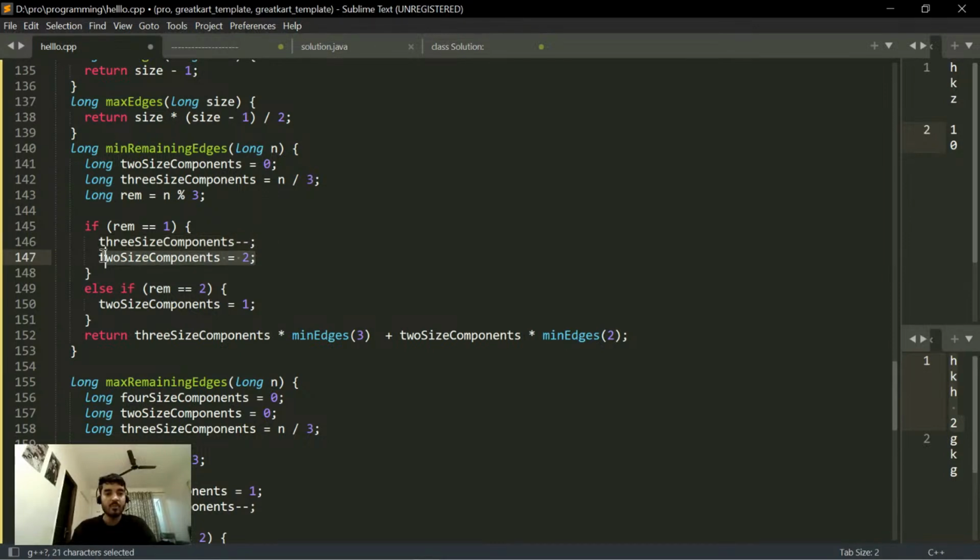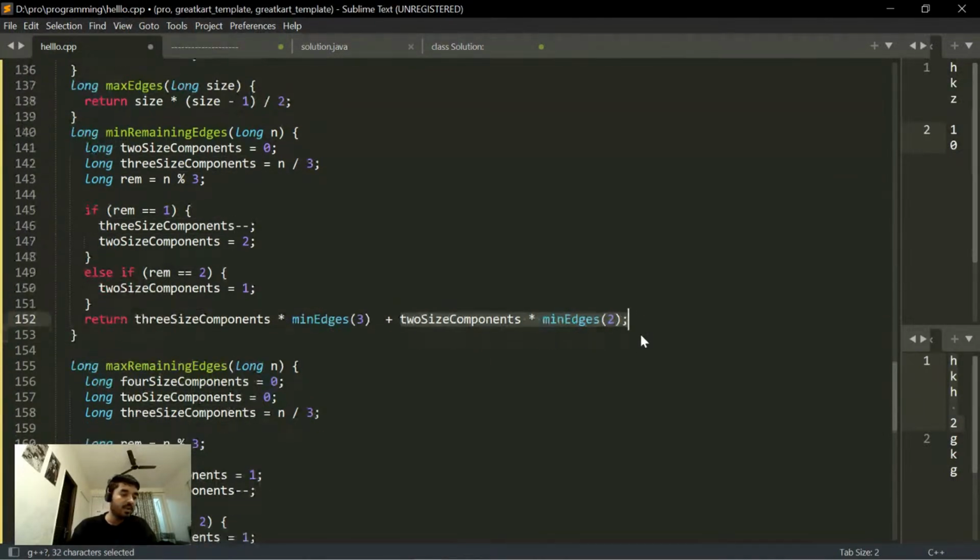So that's why two components of size 2, and if the remainder is 2, then I must convert it into one new component. So my answer is simply equal to the minimum number of edges required for a component of size 3 multiplied by that count, and similarly for 2. So the time complexity is constant. In this way you can solve this problem.